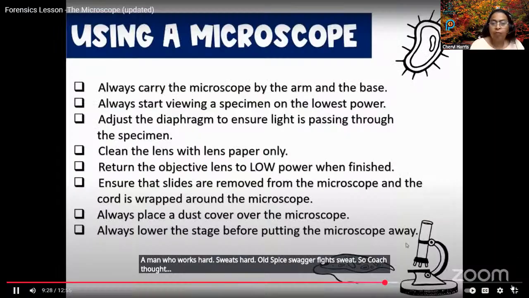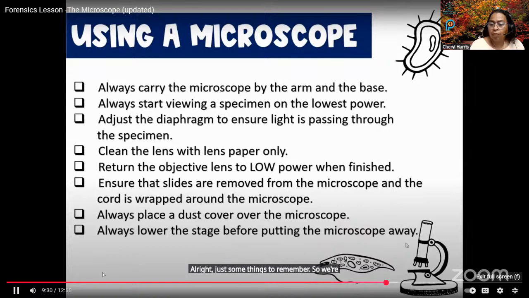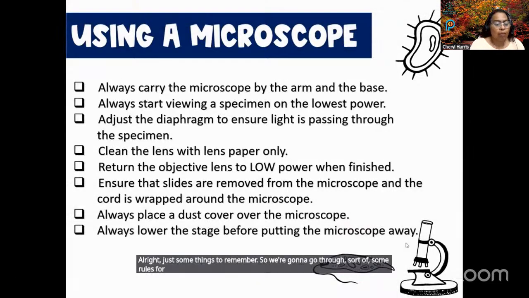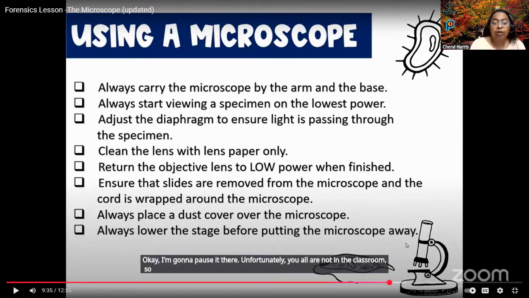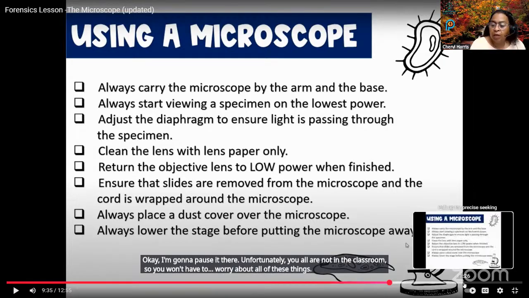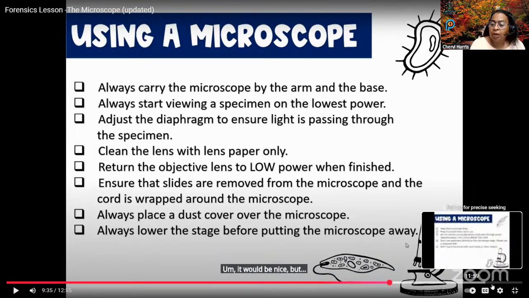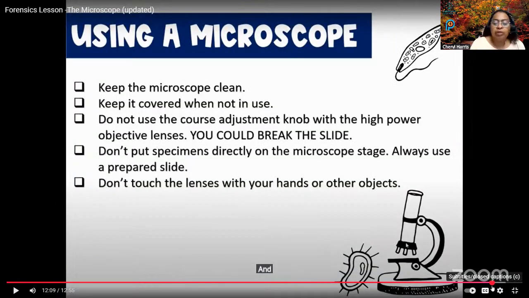All right, just some things to remember. So we're going to go through some rules for when you're using the microscope. Okay, I'm going to pause it there. Unfortunately, you all are not in the classroom, so you won't have to worry about all of these things. It would be nice, but we're going to skip this. And that was just a brief review.